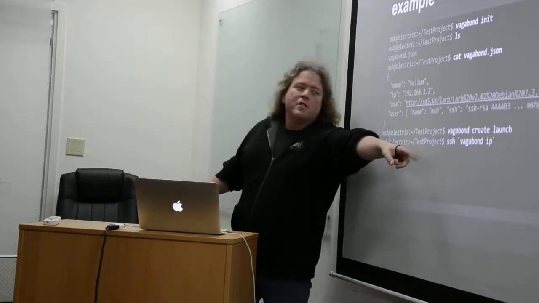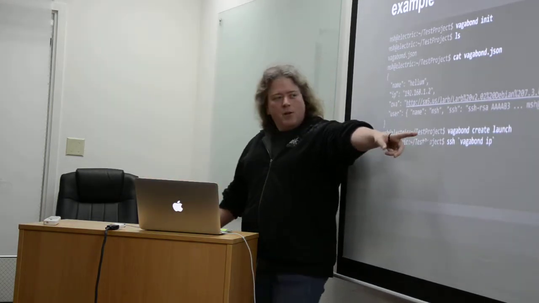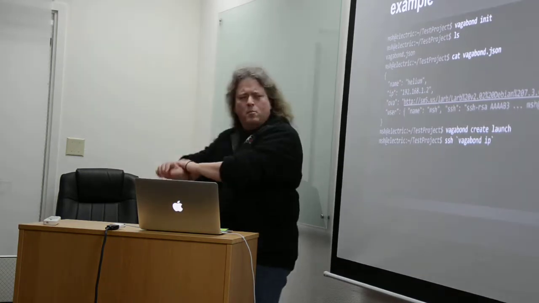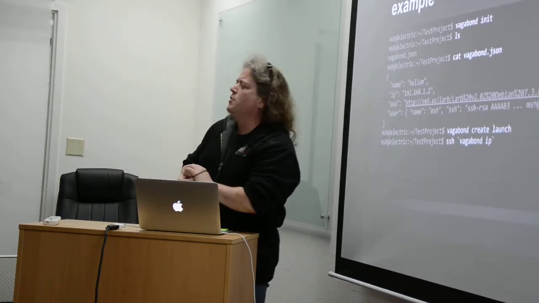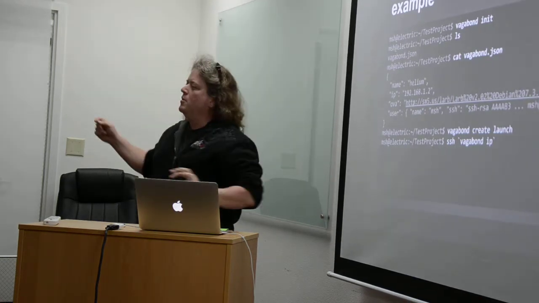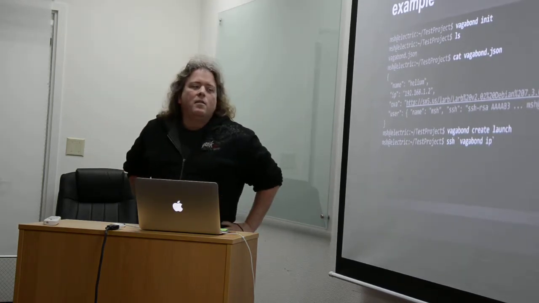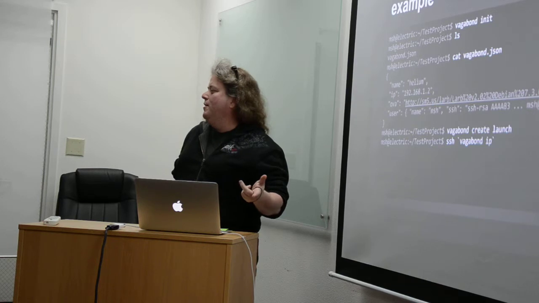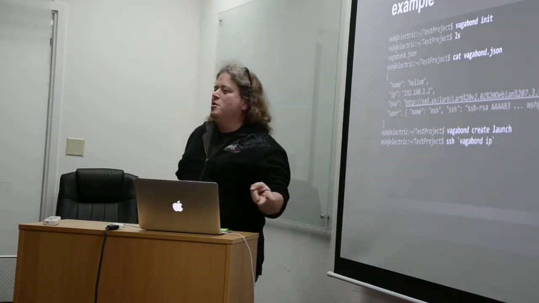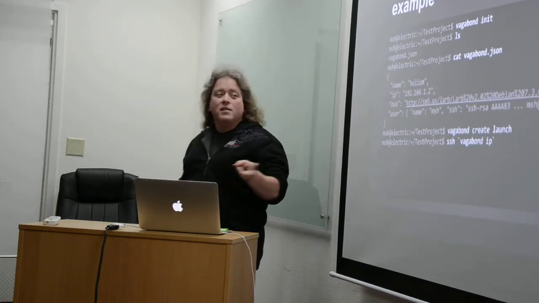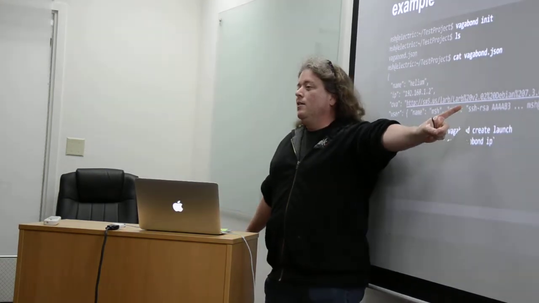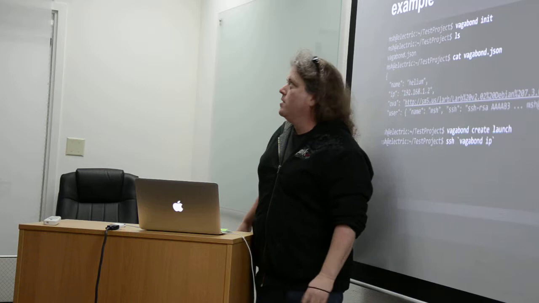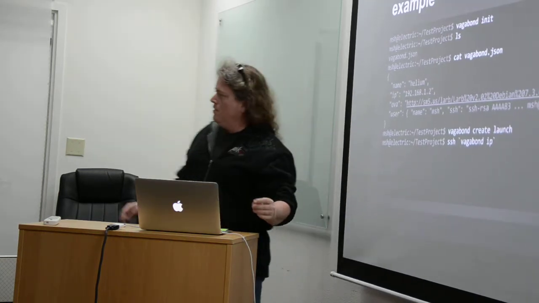Okay, and then what you're going to do is create it and launch it. So we go create launch, and you have to say create launch in user. What that does is it creates the virtual machine, launches the virtual machine, and then sends a request that says create this user with this SSH key in its authorized keys file.